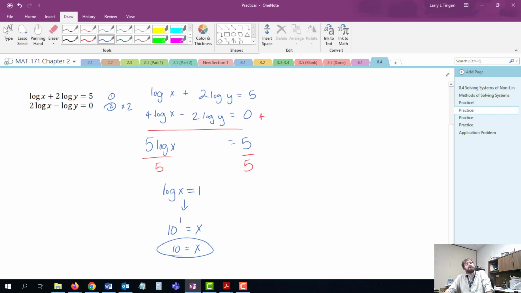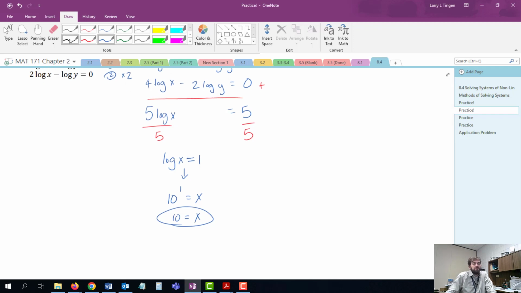If x is 10, I've got to check it in equations 1 and 2 and see if it holds. So we're going to check x equals 10 in equation 1. Equation 1 says log of x plus 2 log y equals 5.